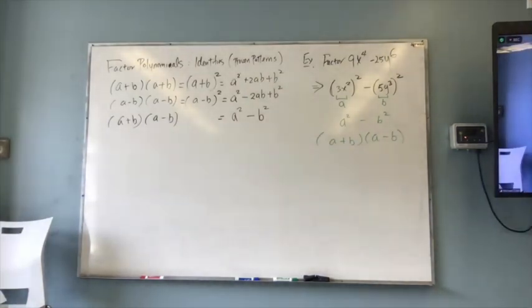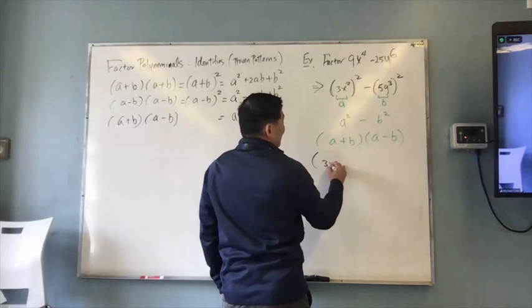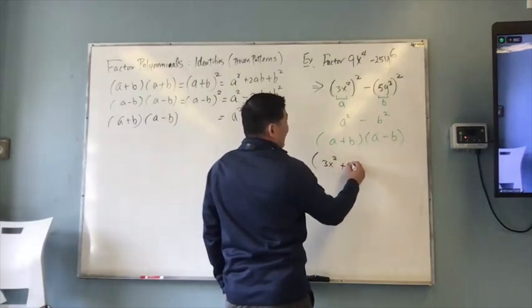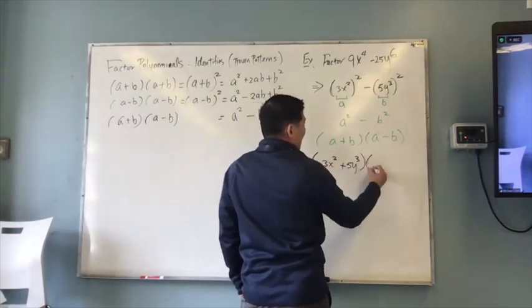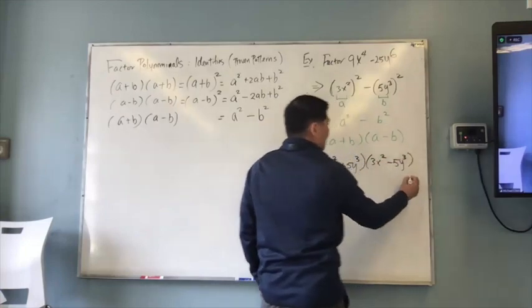So you know what a is and what b is? Show me what the final factored expression is. What is the final factored form? Do you have 3x squared plus 5y cubed times 3x squared minus 5y cubed?